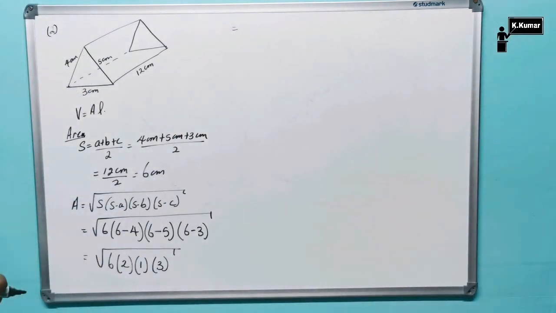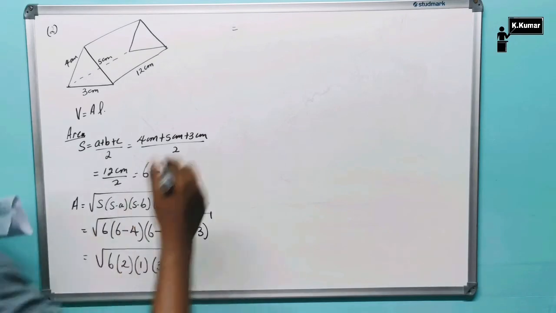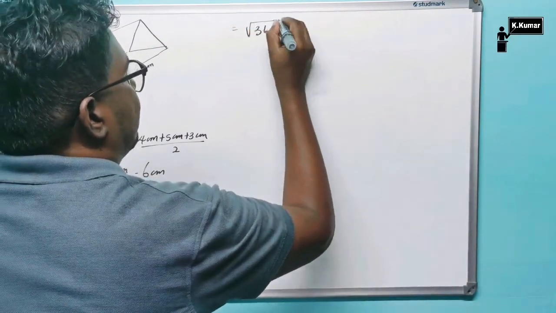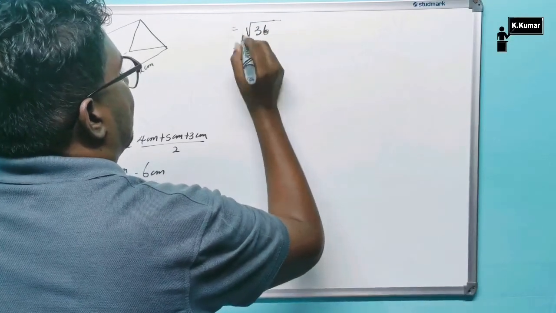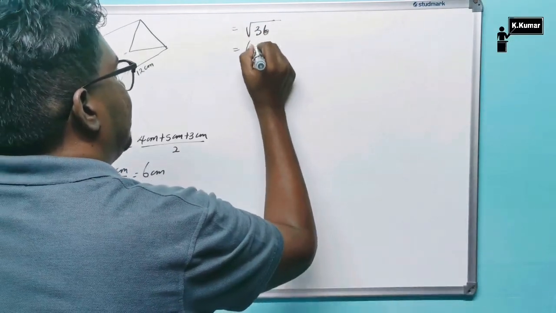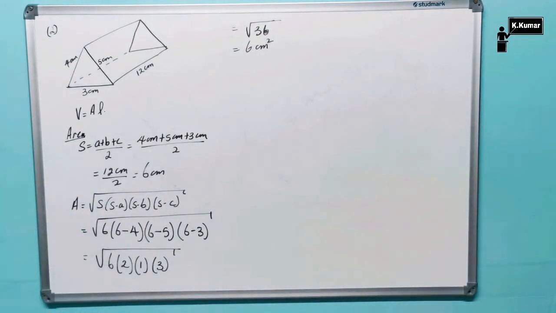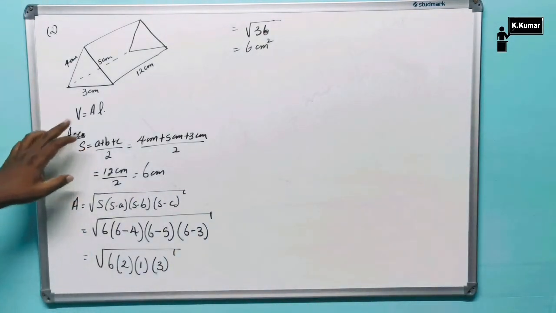This is going to equal the square root of 36, and the root of 36 is going to give me 6 cm. Remember, we're finding area, so it's 6 cm squared. Now we found what A is.